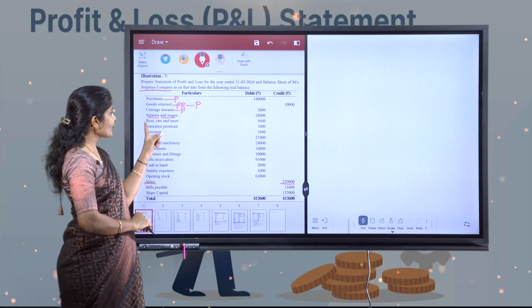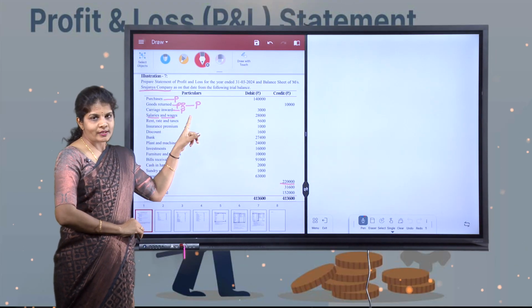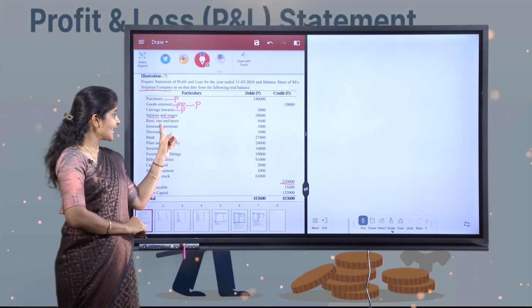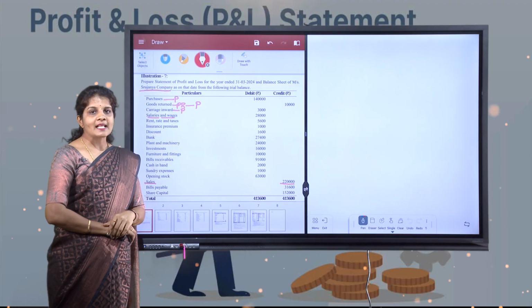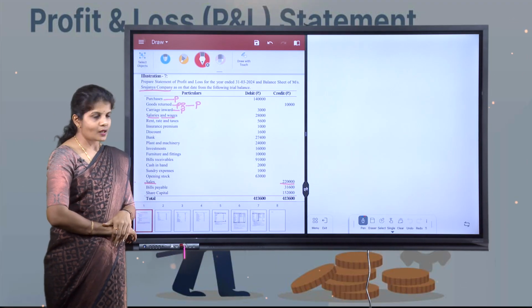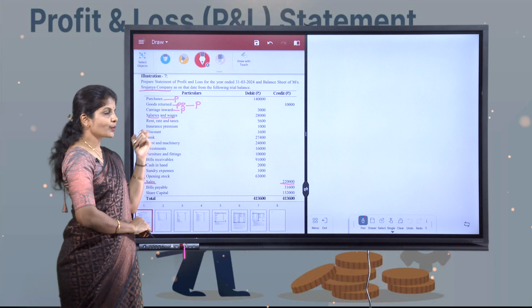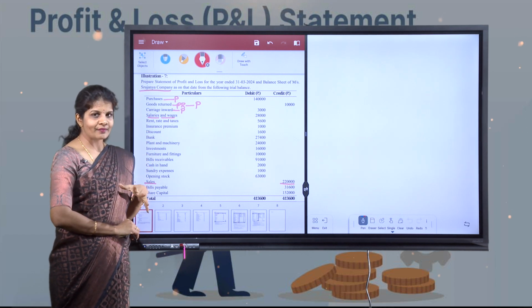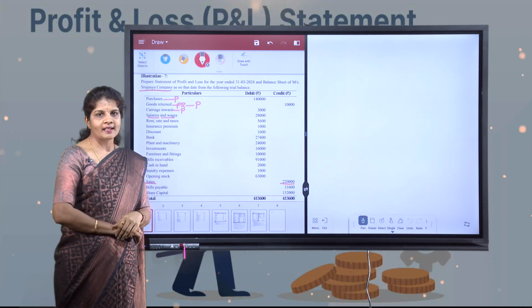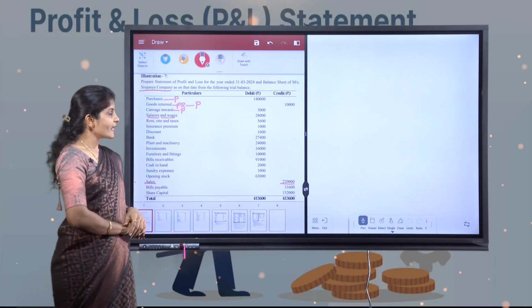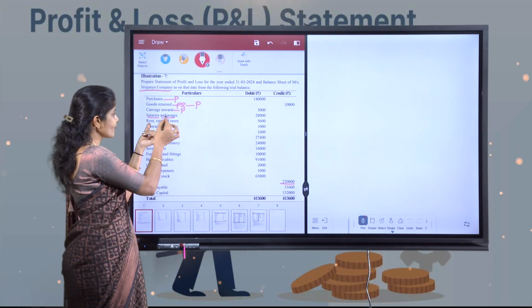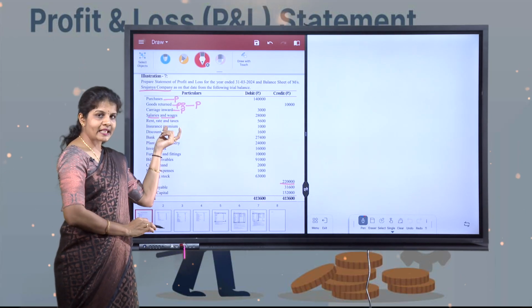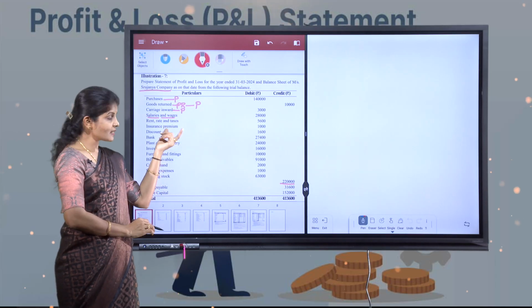That means wages will be taken to the calculation of cost of goods sold and salaries will be considered as an operating expense. When combined together, how do we segregate this? We cannot segregate that. Instead, if salaries and wages is given, we will take this as an operating expense.